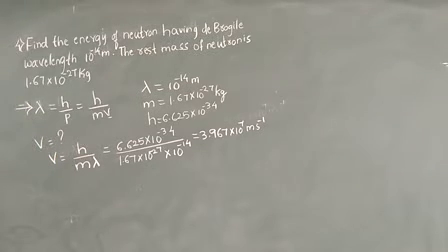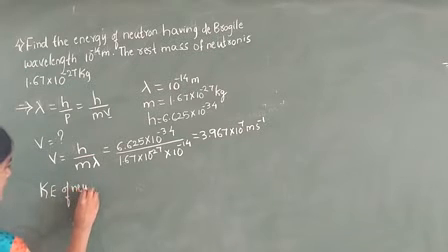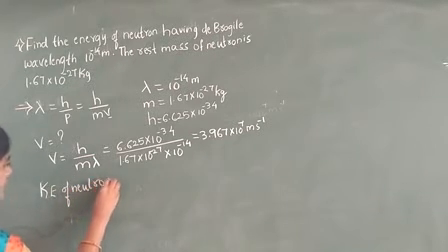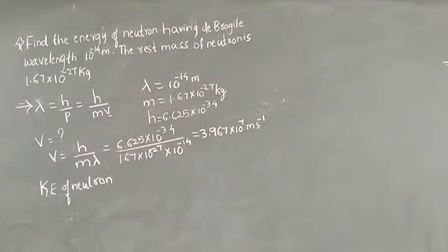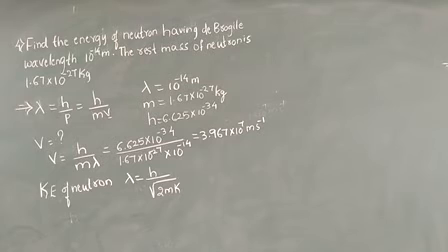Now in this condition we have to find the kinetic energy of the neutron. For the kinetic energy of a neutron, we are writing the formula as lambda is equal to h divided by root of 2mk.